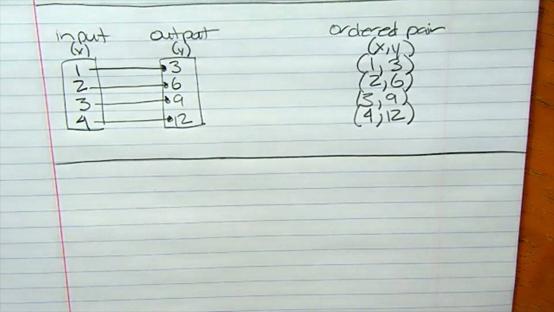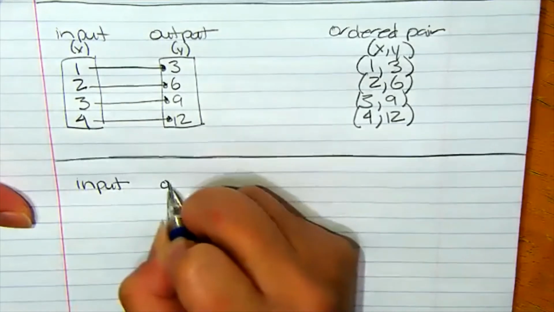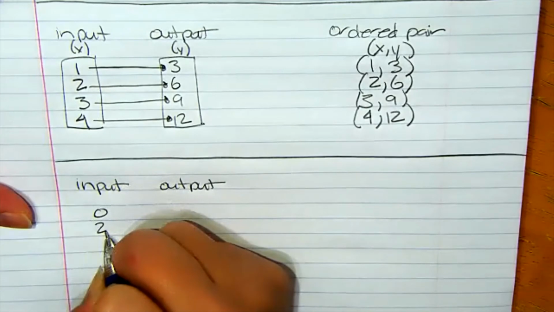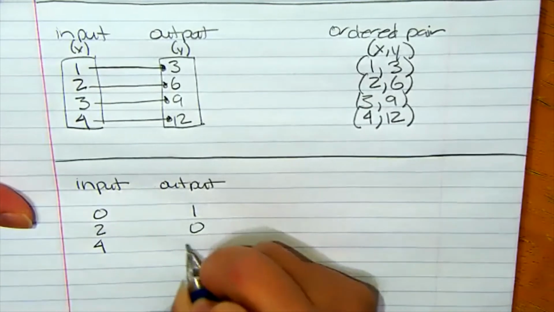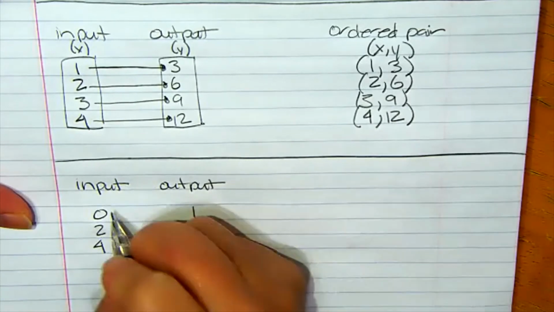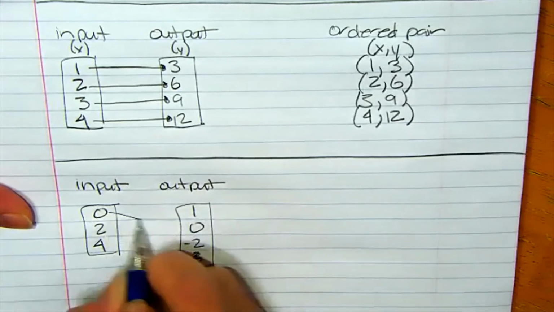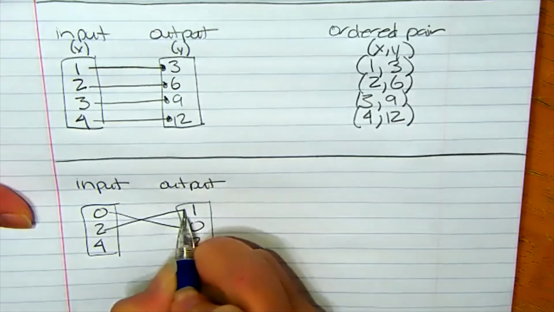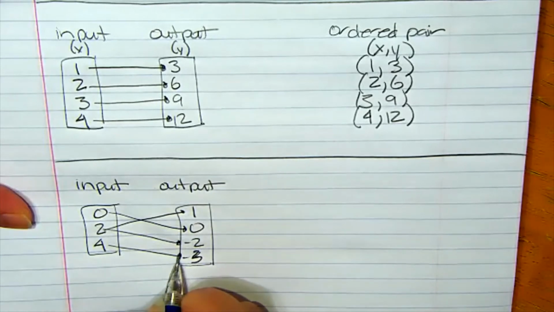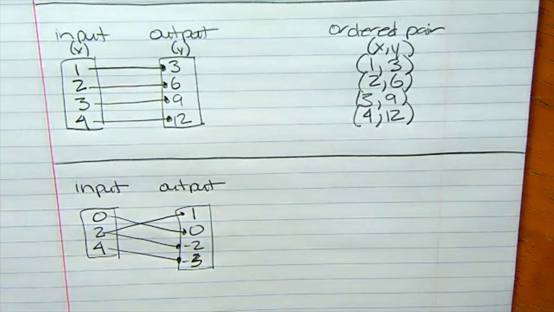But life doesn't stay that simple, because they may give us a mapping diagram that looks like this, where my arrows do not go straight across. And that's okay. We can still do this.